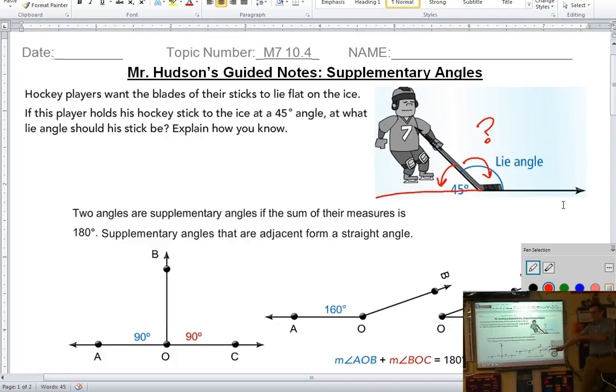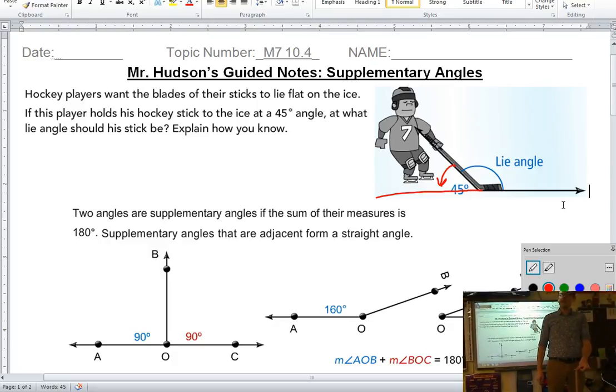So, this angle right here, what kind of angle is this? Is it obtuse or acute? Obtuse, right? It's big. It's bigger than 90. So when I try to figure that out, what do we know about if I start something flat on the ground and I lift it until it reaches this point?